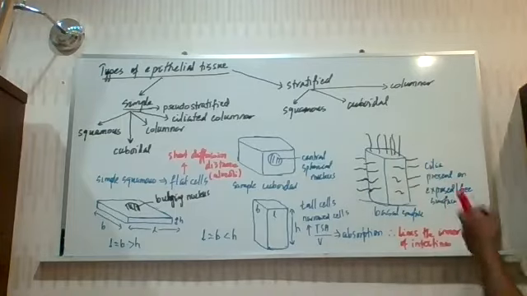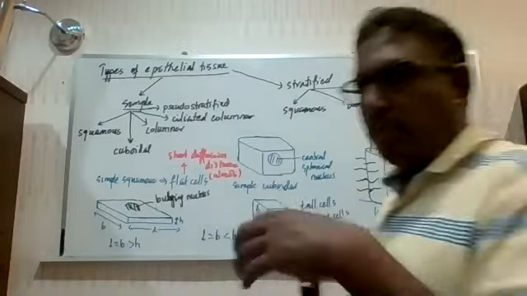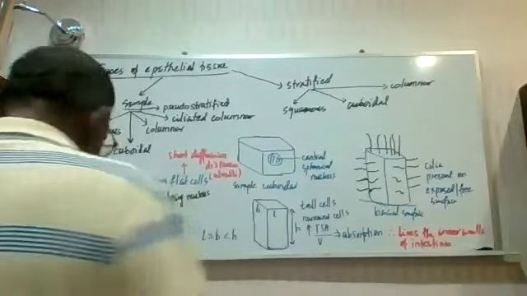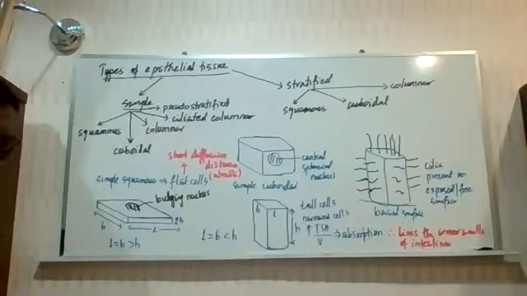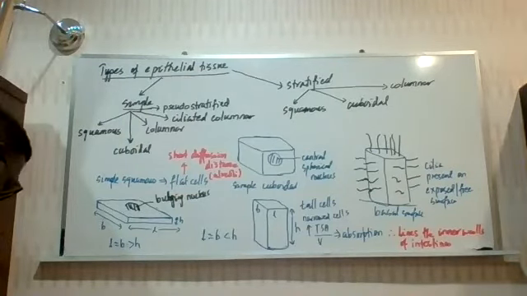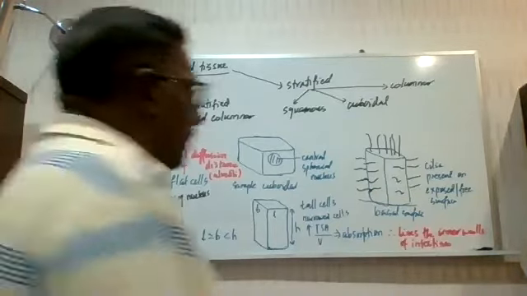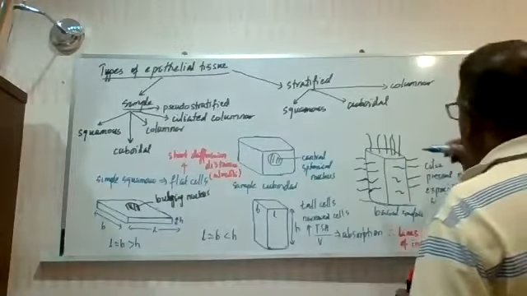It's only on the free exposed surfaces. Cilia are more for trapping dust particles, so you find this in the inner walls of the trachea, and usually cilia are associated with mucus-secreting cells, the goblet cells.